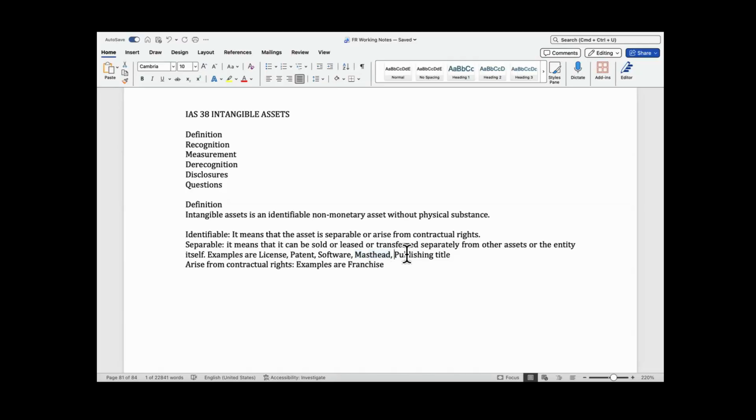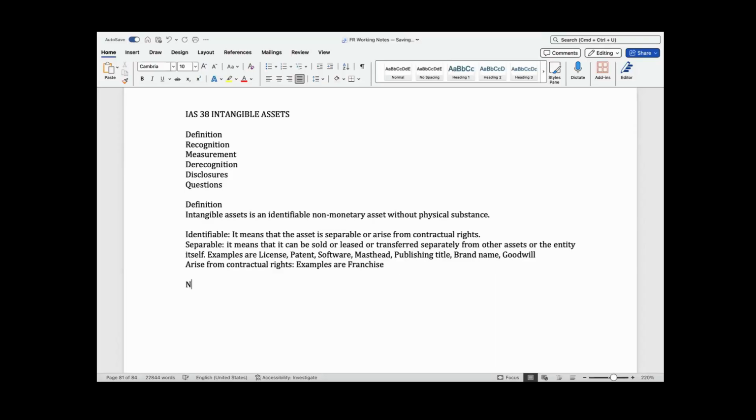So when it comes to publishing title, it is the brand name itself, like Punch, like Guardian, like Business Day. That's publishing title. And for other companies, they call that brand name. I mean, there is also goodwill as well. There are a lot of examples of intangible assets, as it were.